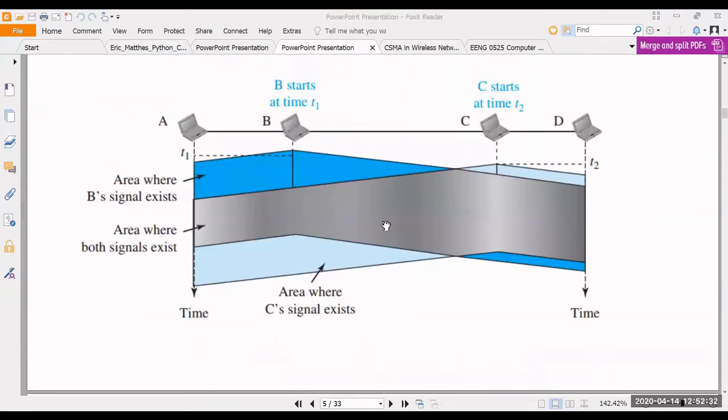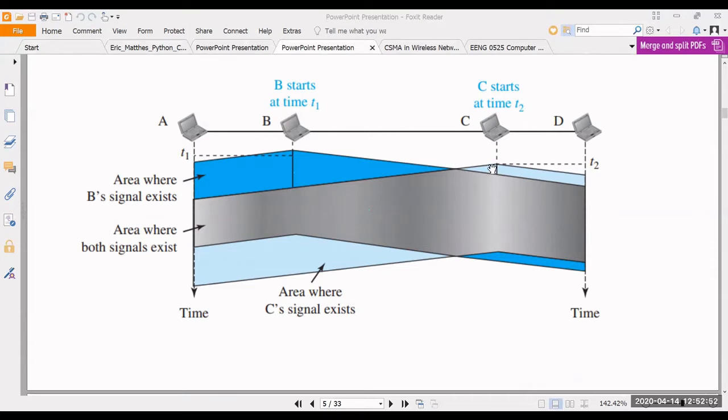B senses the line, it's free. It puts its packets on the line. Packets are groups of frames, and frames are groups of bits that are actually moving onto the line. So the bits start propagating on the line.